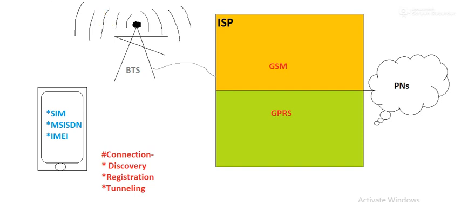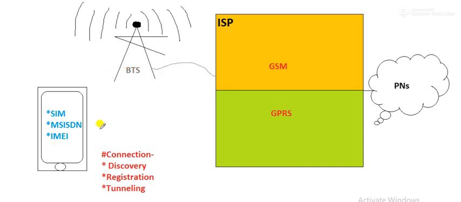So before starting with the rest of the part, let's start with how this mobile device will have connectivity through the ISP. We have already learned a very simple example: first of all, this mobile device is turned on. The connection request will be delivered to the internet service provider through the BTS, that is the base transceiver system.